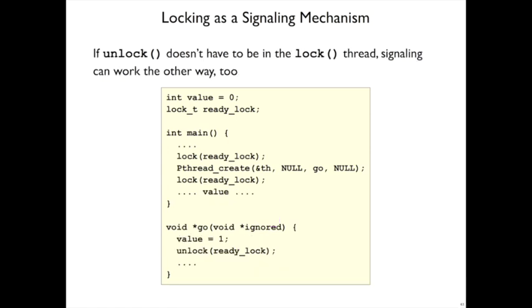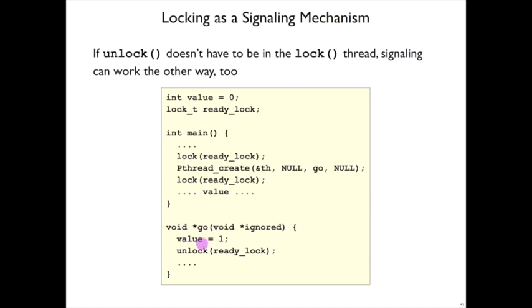If your locks are flexible enough that the locking and unlocking thread don't have to be the same, then you can use the locks to signal the other direction as well. So here we've got lock and then lock. This only makes sense because after we create the thread, the new thread performs an unlock after it initializes value. So the signaling is going the other direction.